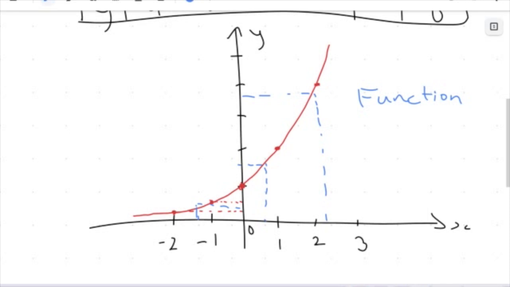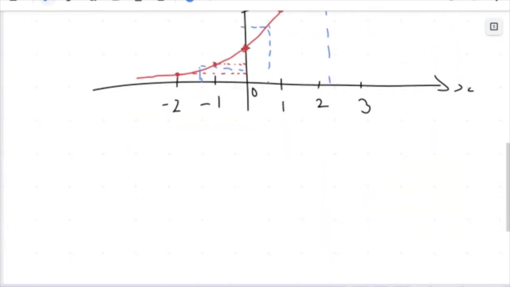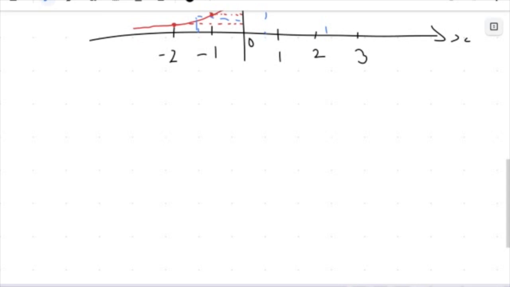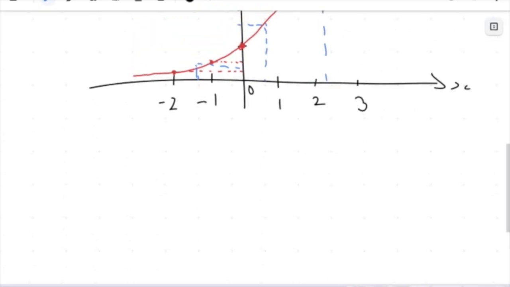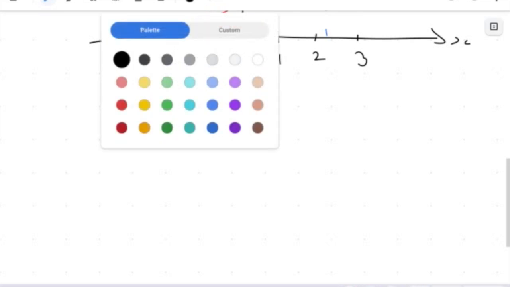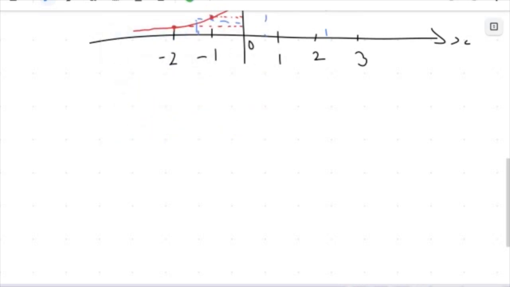Now, let's just look at a couple of real-world examples here. So a really good way to think about exponential functions is in terms of time. If we let this x-axis be some type of time. Now, a good example of this is how, for example, viruses spread. So one person here is essentially infected.